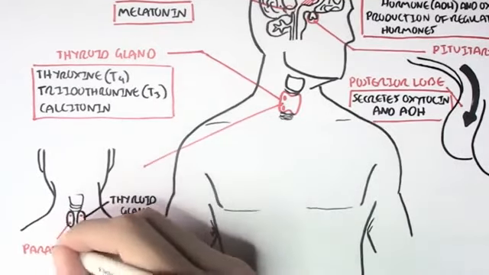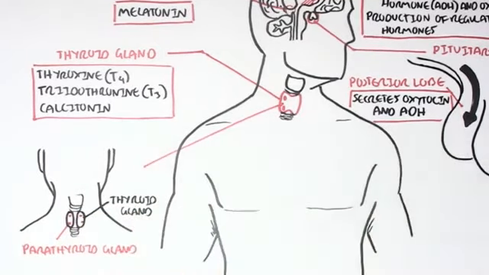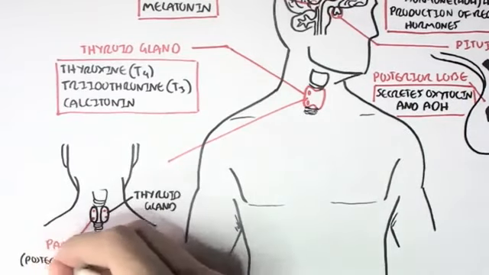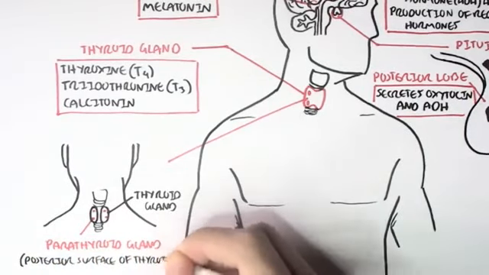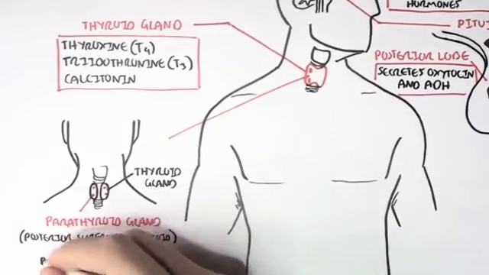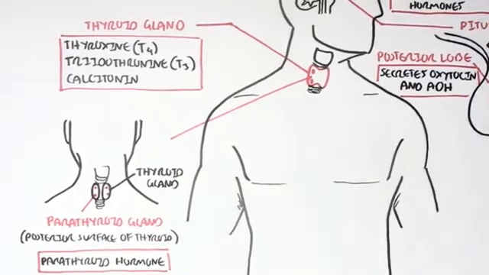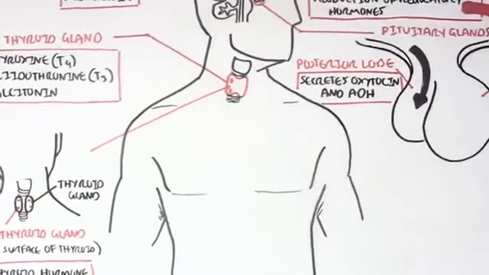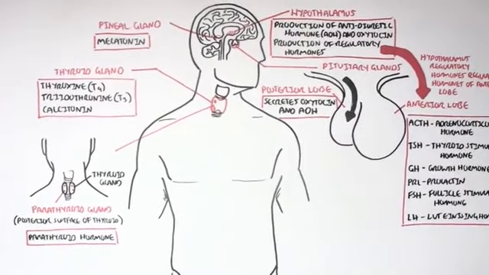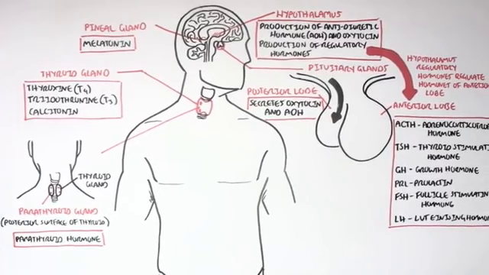These are known as the parathyroid glands. Para isn't across, but it's just on it. So there are four parathyroid glands, and these are behind the thyroid gland, and they secrete the hormone parathyroid hormone. Simple enough. Parathyroid hormone is important in the regulation of calcium and phosphate in our blood, in our body.